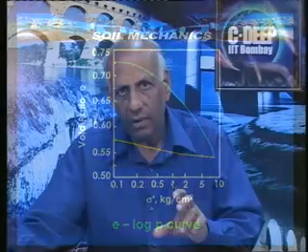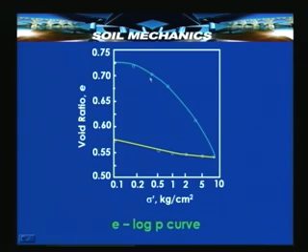Now, what value of C c should we use? Actually, for all practical purposes, C c can be taken as constant. However, if we want to be a little more precise, we can calculate C c corresponding to the load change or the stress change that takes place in an actual situation.